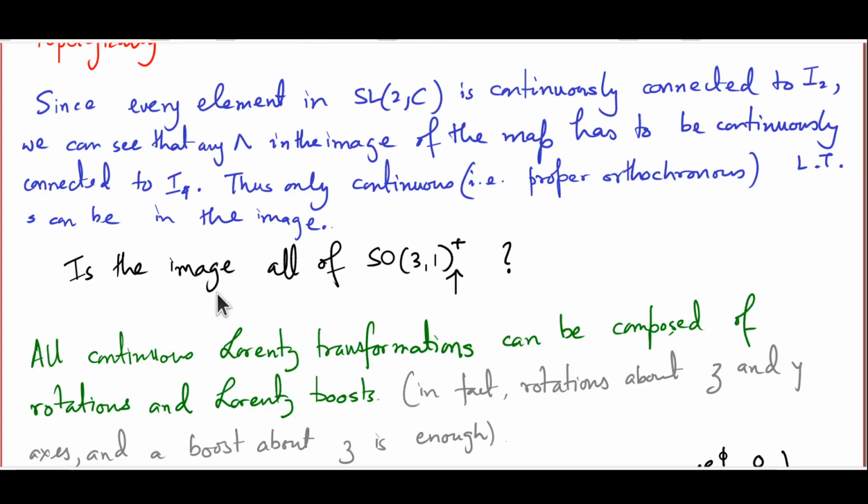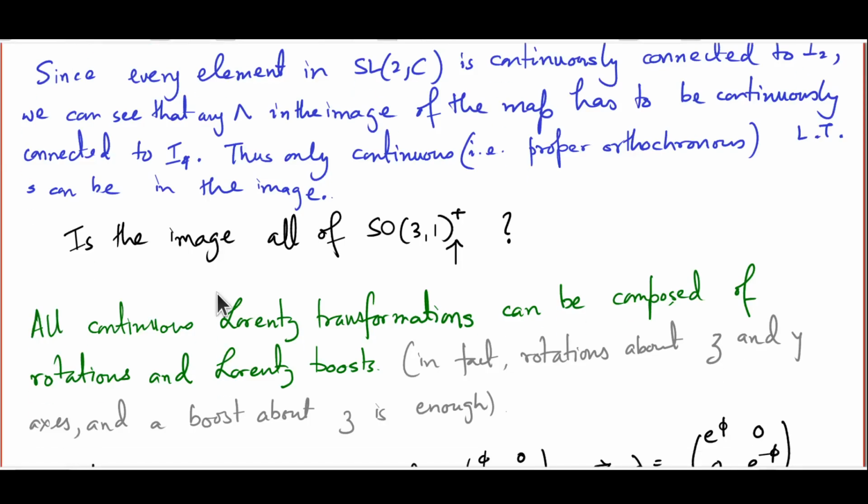So if you can figure out a way of getting rotations about the z-axis and the y-axis, and a boost about the z-axis, using our map, small lambda going to capital lambda, then we are in a position to show that every continuous Lorentz transformation can be obtained as the image of some small lambda matrix or the other under this particular map.